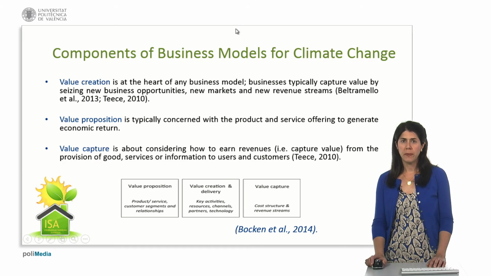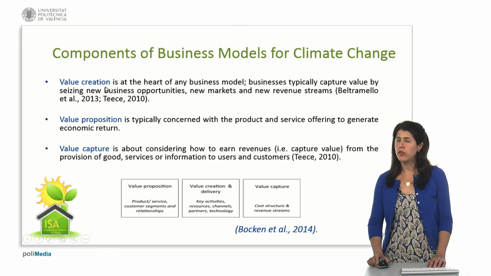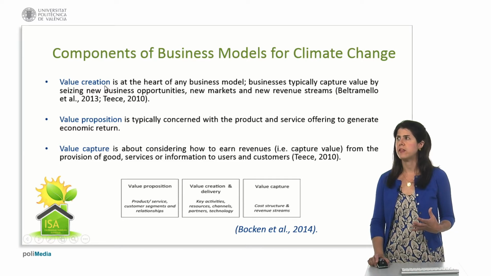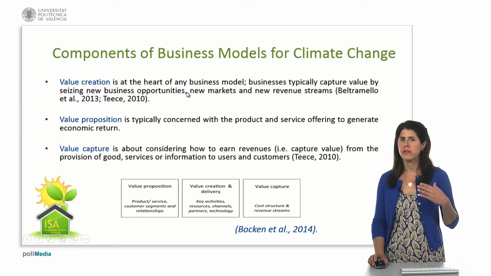In the process of building a business model, the second step consists of identifying the three key elements. The first is value creation, which is the heart of a business model, and consists of identifying business opportunities, business markets, or new revenue streams.